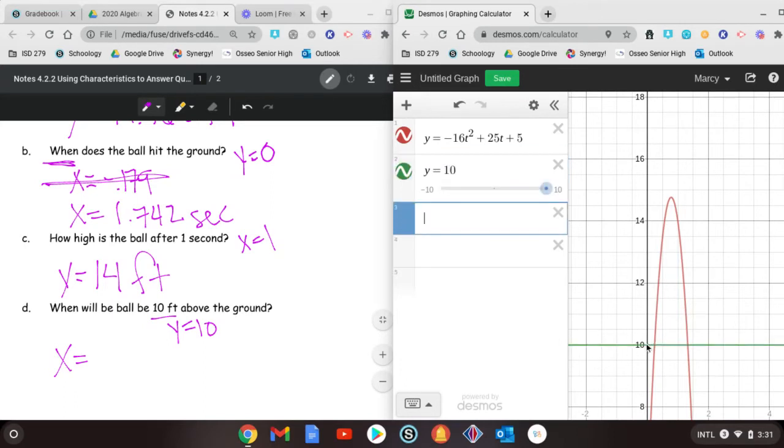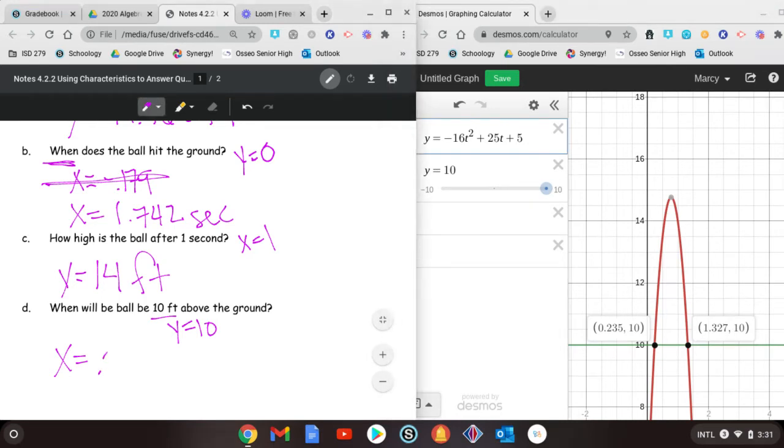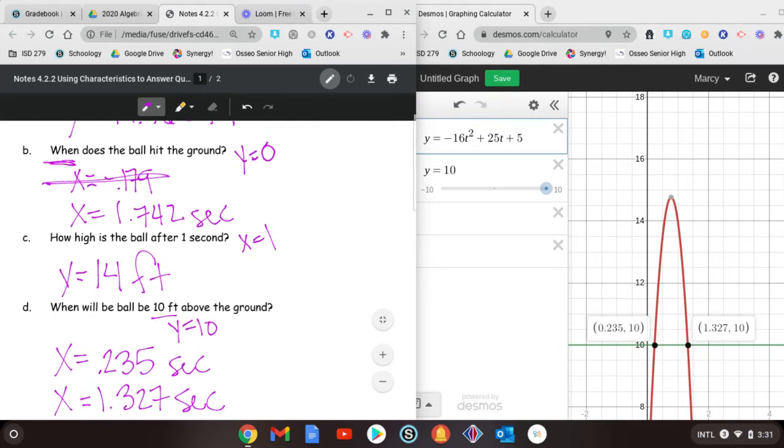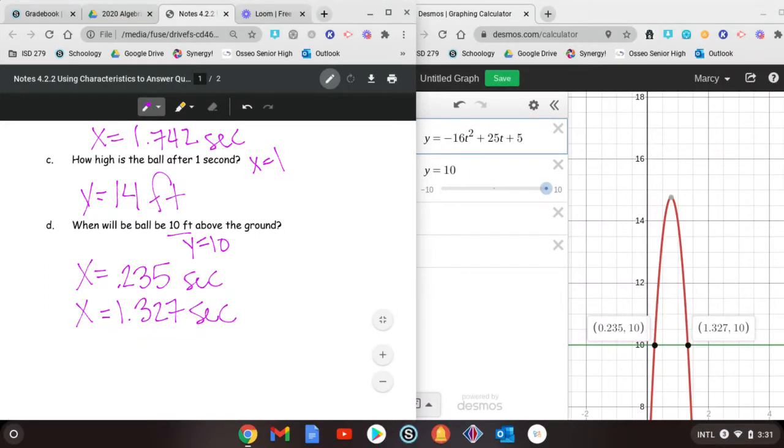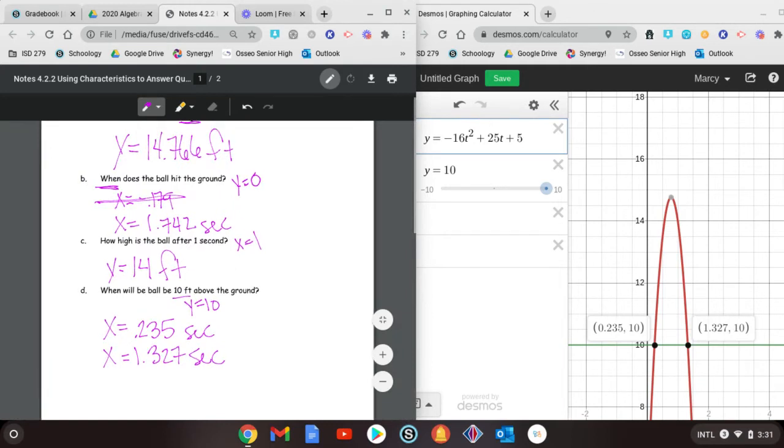That means there are 2 spots where the ball is 10 feet above the ground, and both are acceptable: 2.235 seconds and 1.327 seconds. If both answers make sense, you put both answers down.